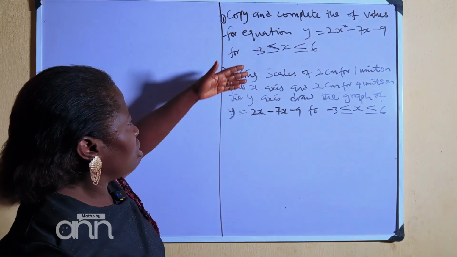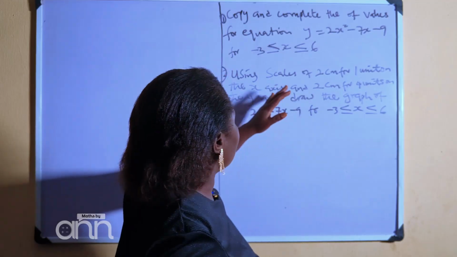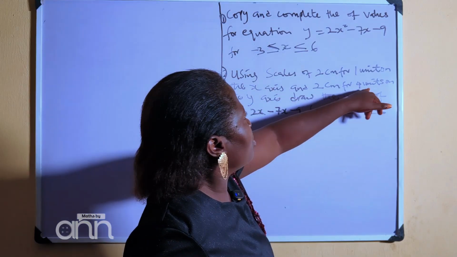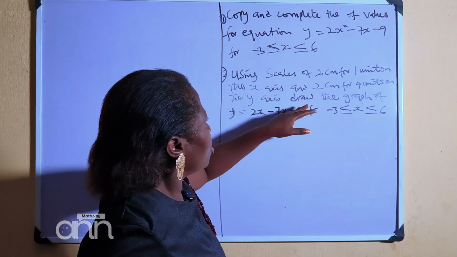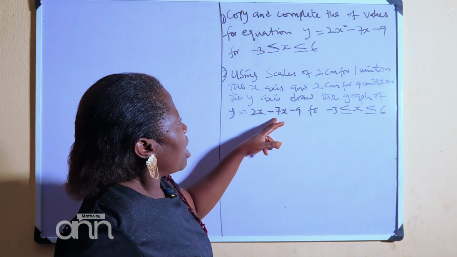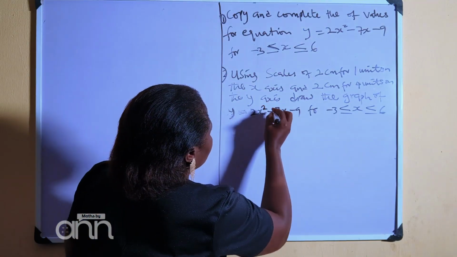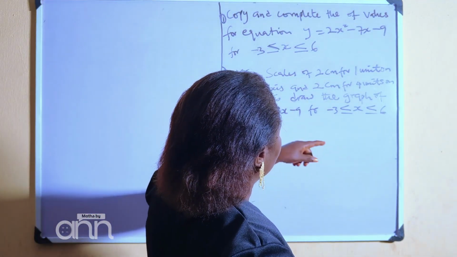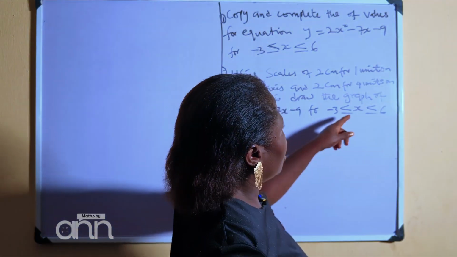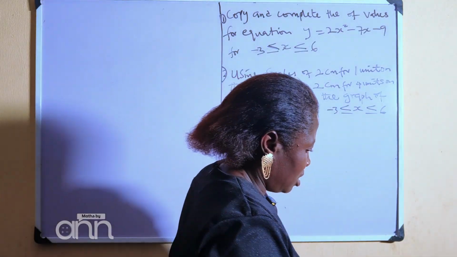The second question: using the scales of 2 cm for 1 unit on the x-axis and 2 cm for 4 units on the y-axis, draw the graph of y equals 2x² minus 7x minus 9 for minus 3 less than or equal to x less than or equal to 6.